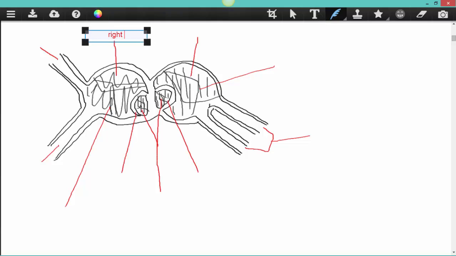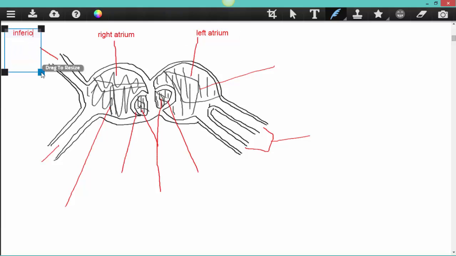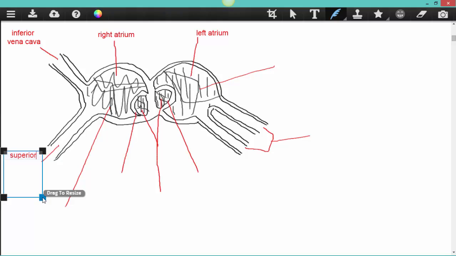This is the right atrium, and this, thus, is the left atrium. This would be the inferior vena cava, and this, superior vena cava.